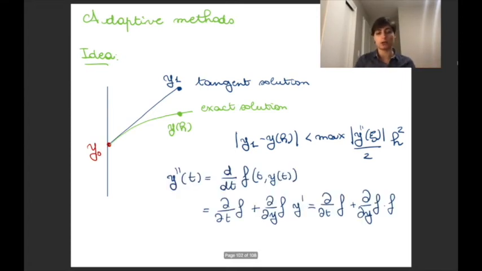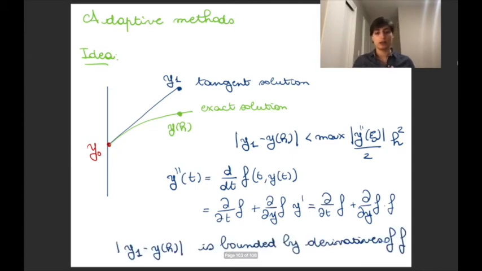But the second derivative of y is equal to the derivative with respect to time of f computed at t and y(t). So if you work things out, what you have is that your error is bounded by h squared multiplied by a maximum of derivatives of f: derivative of f with respect to time plus f times derivative of f with respect to y. So if we know f, we actually know how big this term can become. And we have a control, an understanding of the mistake we're making, of the error we're making.